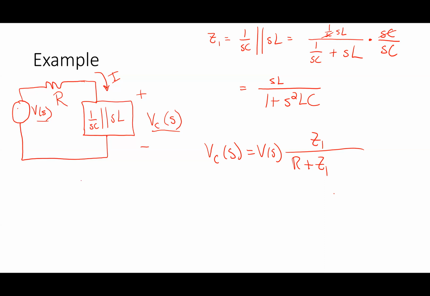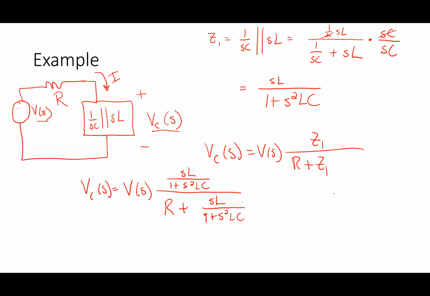So I say V sub C of S is V of S times SL over 1 plus S squared LC, over R plus SL over 1 plus S squared LC. Okay. So that's clearly not a rational function either. It's an ugly looking guy, right? So what do I do with this?